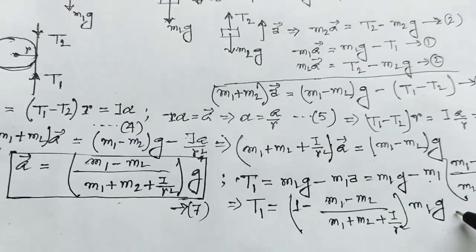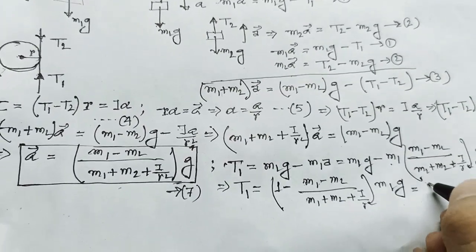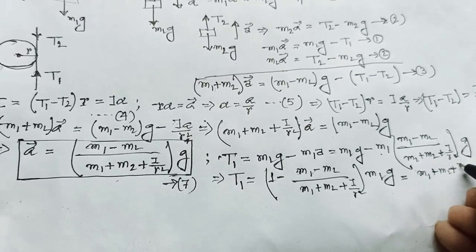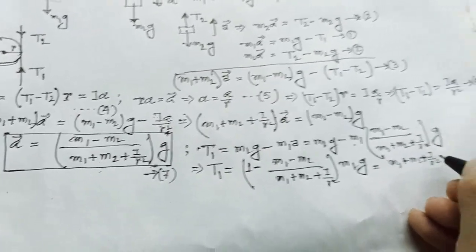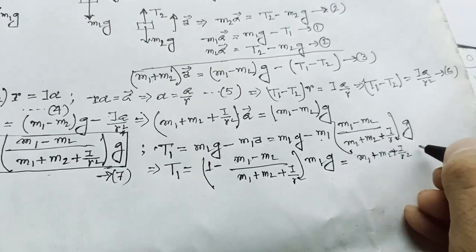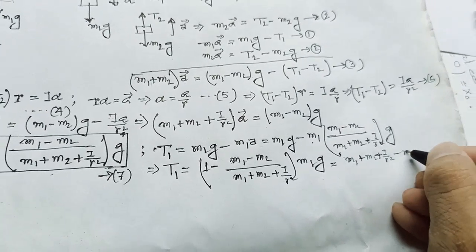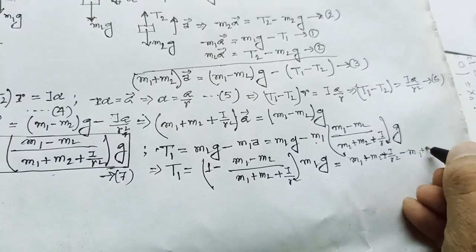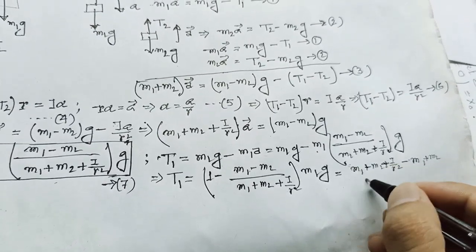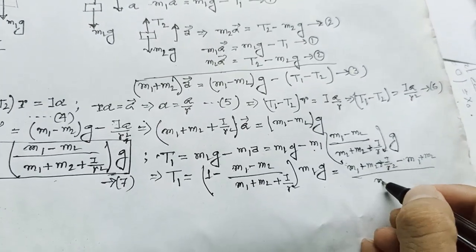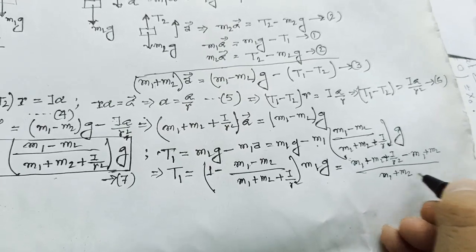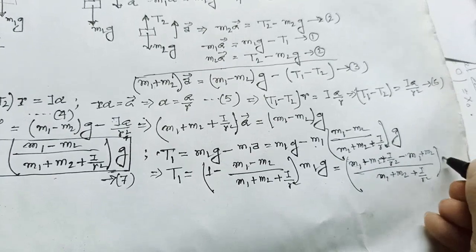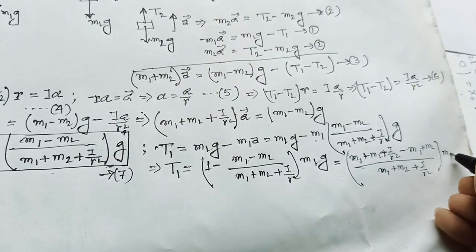If we simplify this, it becomes m1 plus m2 plus I divided by r square, minus m1 plus m2, whole divided by m1 plus m2 plus I divided by r square, multiplied by m1g.